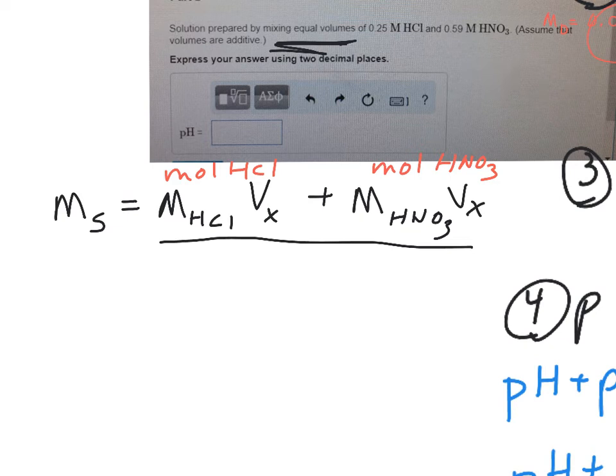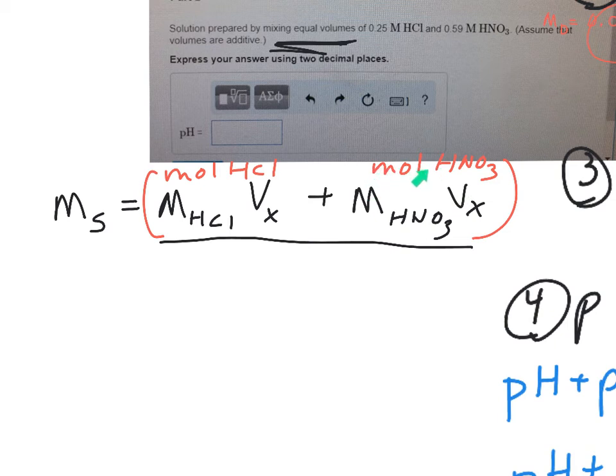And then my new volume, so what I'm doing is I've got that term up there, molarity of hydrochloric acid, molarity of nitric acid. Not molarity, sorry. Moles times volume. Molarity times volume is moles. So I've got my moles of hydrochloric acid with this term. Molarity times volume is moles.